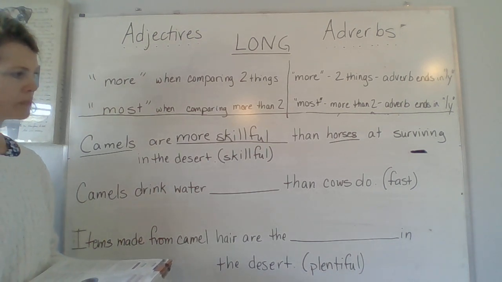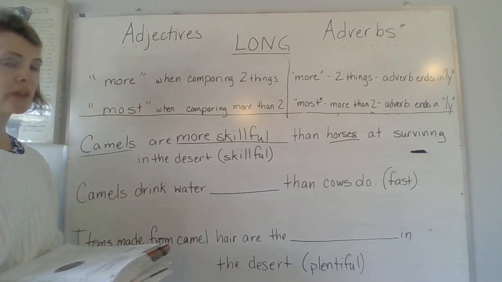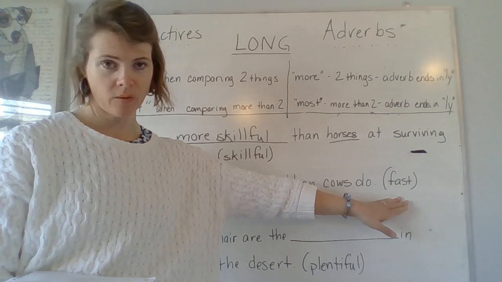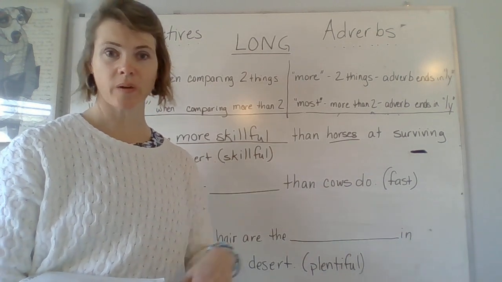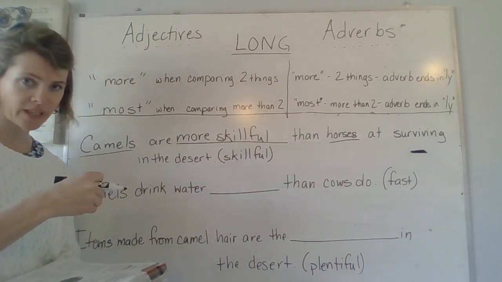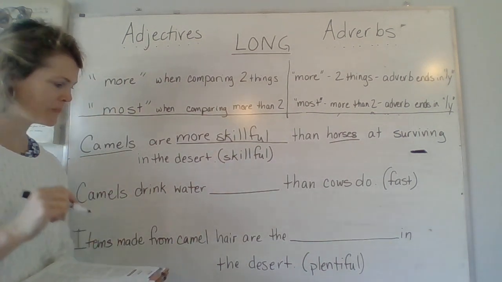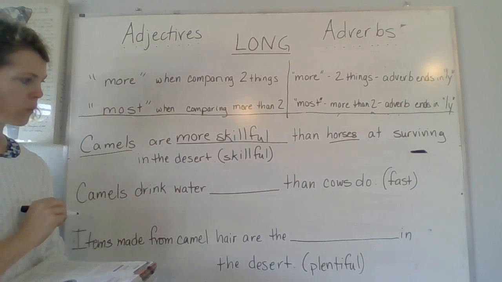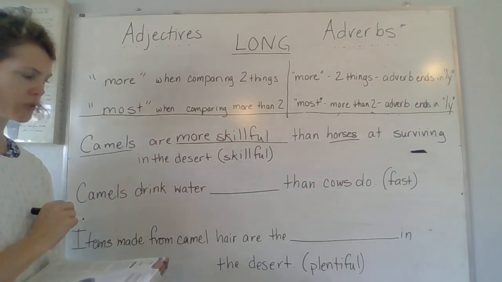Let's try this one. Camels drink water blank than cows do. And the word they want us to use is fast. Is fast a short word or a long word? It's short. It's 1 syllable, fast. So we're going to use yesterday's rule. So think back to yesterday's rule, and let's see how many things we're comparing. Camels drink water, than cows do.